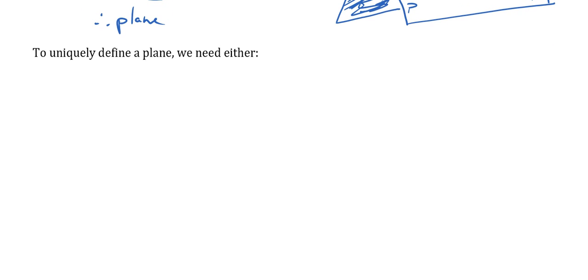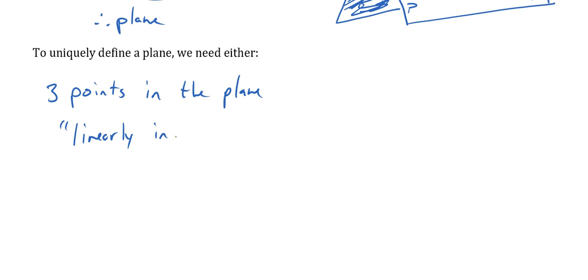To uniquely define a plane, we need either 3 points, and these 3 points need to be linearly independent. That means not at all collinear.